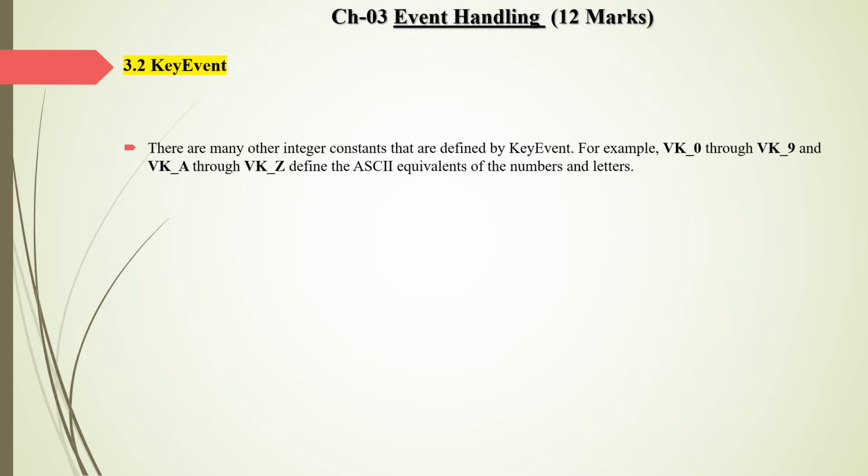First of all, VK means virtual key. VK_0 to 9 constants are used for numerical values. For example, if I press 5, the constant VK_5 is used. If I press P, VK_P is used. So these are also constants regarding the keys.